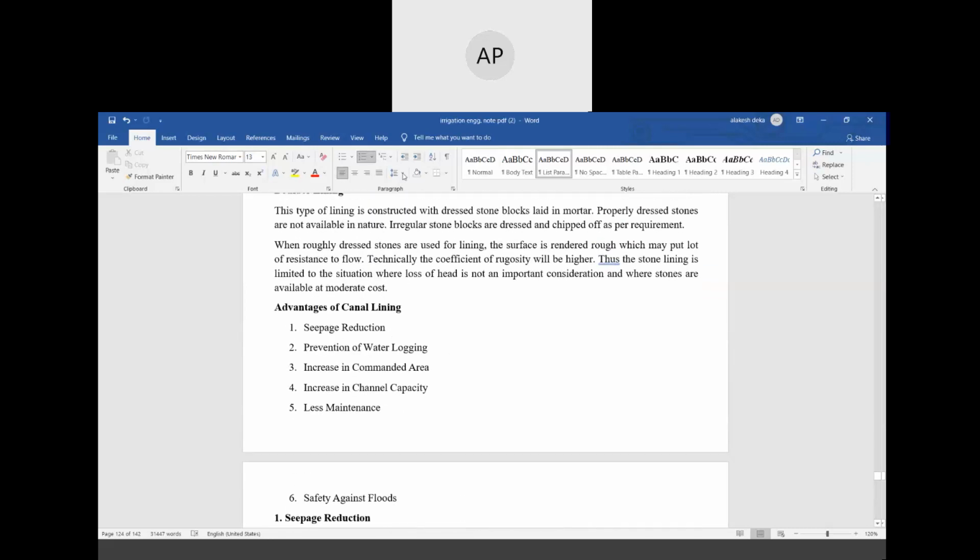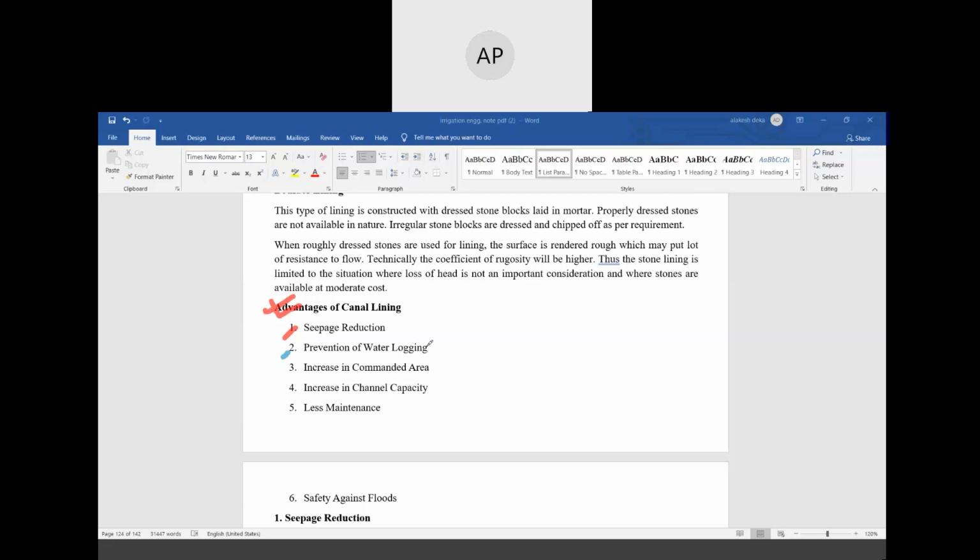So there are some advantages of canal lining. If you line a canal, what should be the advantages? It has seepage reduction. The water cannot flow out, that means water cannot drain out. Water cannot percolate if you line the canal. Next is prevention of waterlogging.